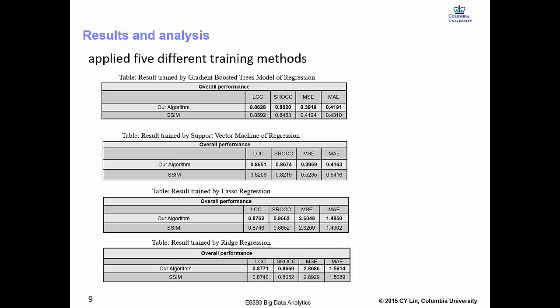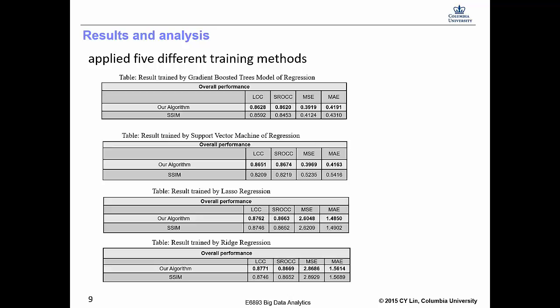The high LCC and SROCC and the low MSE and MAE of the regression models trained by the gradient boosted tree model and the support vector regression with RBF kernel illustrate that these 2 training methods, as well as the decision tree model, are suitable for training an image quality assessment model.